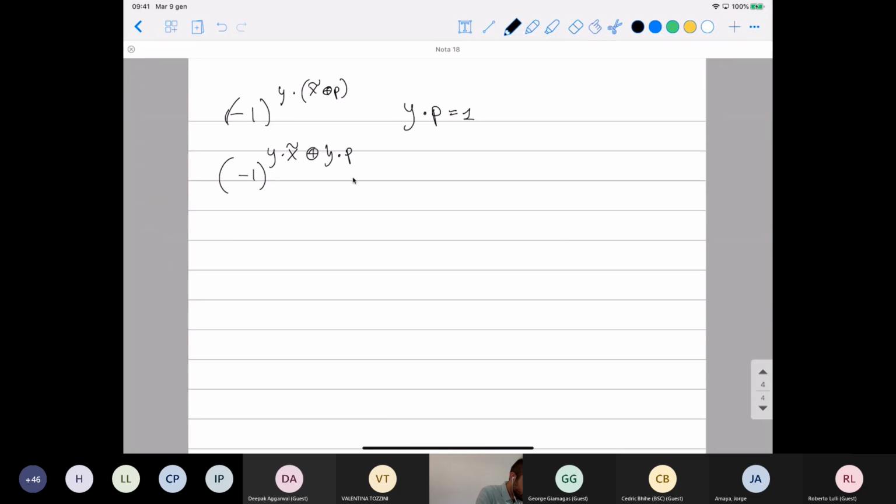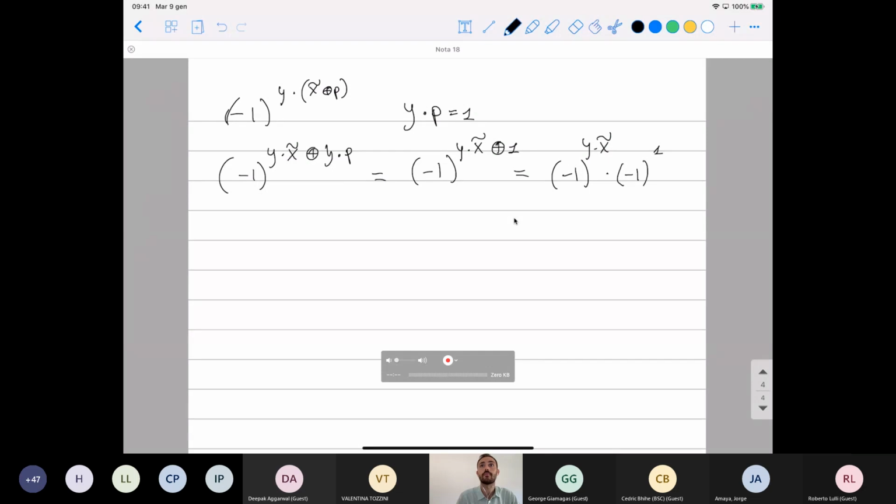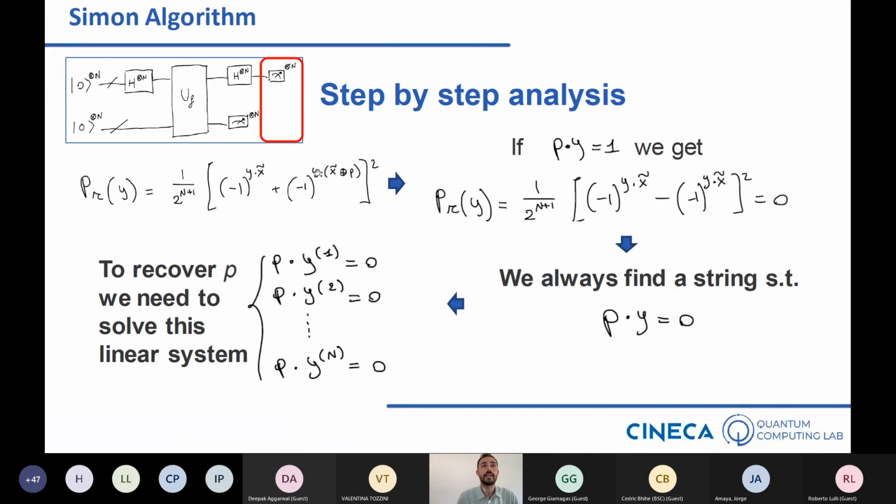So it means it is equal to minus 1 to the y times x plus 1, which is also equal to minus 1 to the y times x times minus 1 to the 1, right? So that's why I get here a minus.